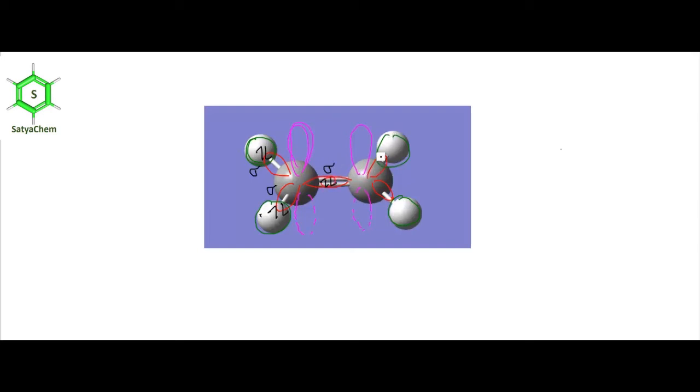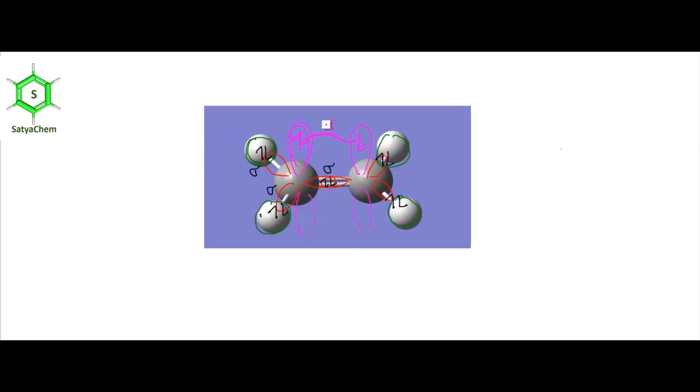And here also the sp2 orbital of carbon and the 1s of hydrogen, and here also the same. And this is a 2pz and this is another 2pz. So they will form the pi bonding, that is 2pz parallel sidewise overlap, pi bonding.